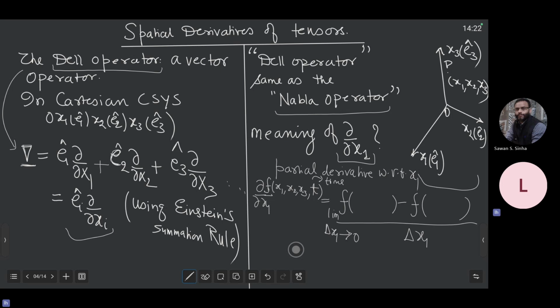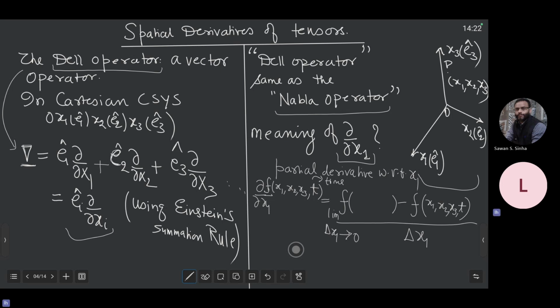Basic calculus. My question to you is, what are these things here? What should I write? What should this be? x1, x2, x3, t. This is the base value. First measurement you have made of this quantity, right?